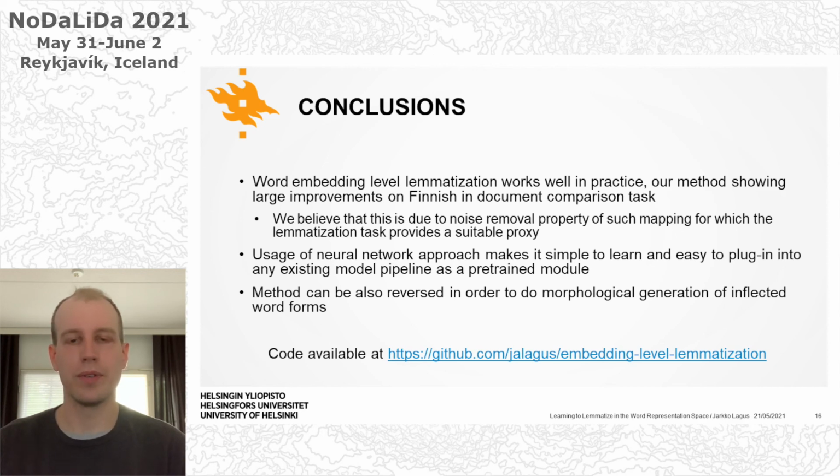And we can also reverse the method if we want to generate inflected forms out of lemmas. Our code is also available if you want to take a look. We have all the model definitions and all the code required to run these experiments.